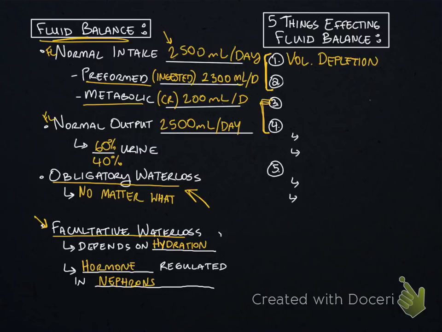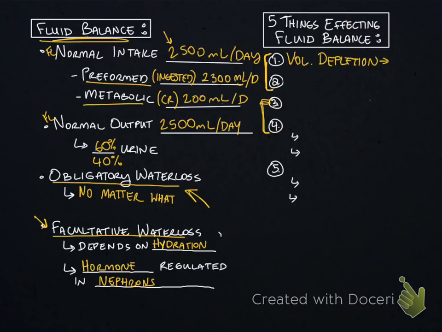Now, volume depletion is like whenever you get a severe burn, or chronic vomiting or diarrhea, or we could say hyposecretion of aldosterone. That could result in volume depletion.